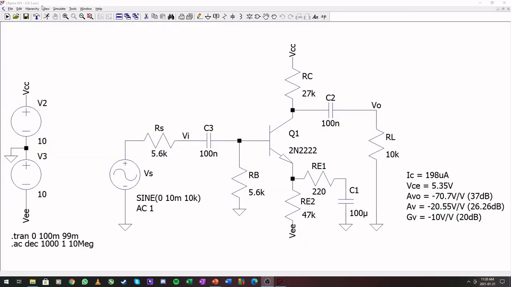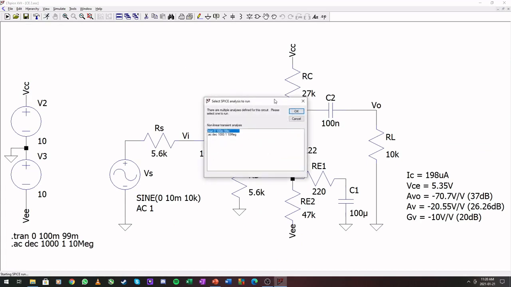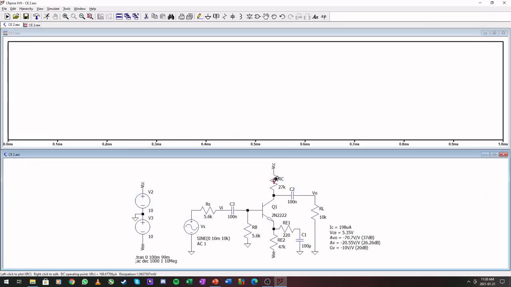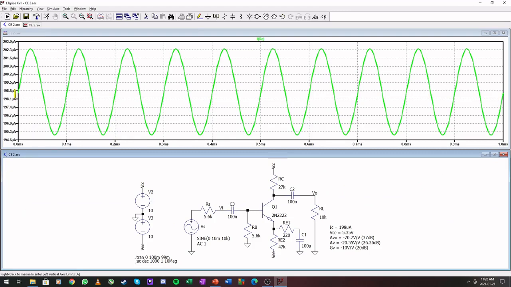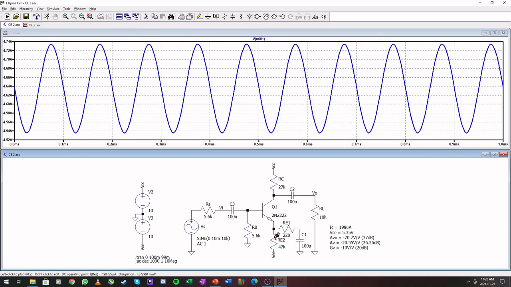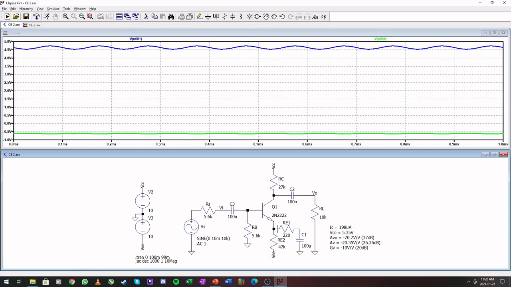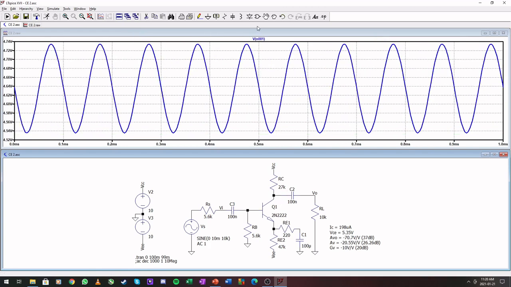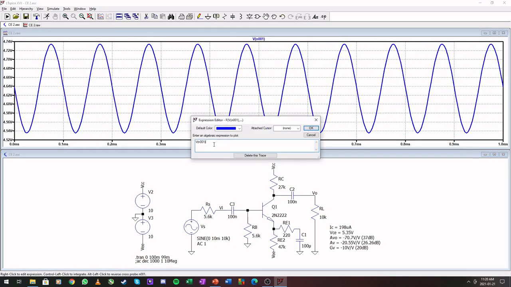Right, the dual rail problem. Let's run it. We had something close to 200 microamps, 198. Okay, so this is fairly accurate. DC point here.